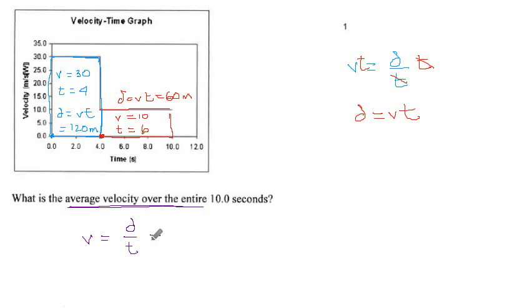So our total distance would be 120 meters there plus 60 meters there is 180 meters. Over the total time is 4 seconds for this first chunk, 6 for the second, total of 10 seconds. 180 divided by 10 is 18 meters per second.